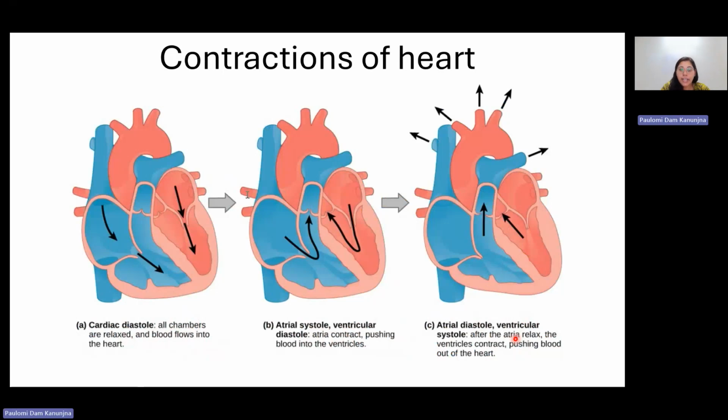So 120 by 80 is your normal blood pressure, right? Here, the upper value, which is the 120, is for the systole, the contractions, and the lower, which is 80, is basically for the diastole. Okay, right.